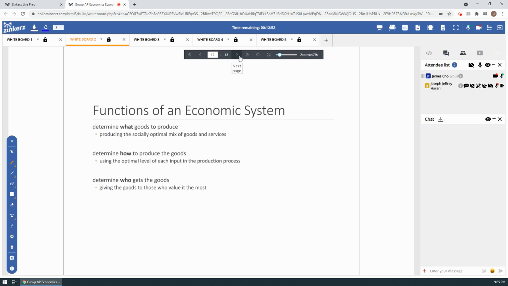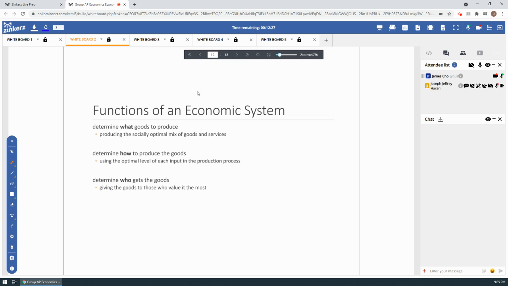So in the next class, instead of talking about one country that produces two products, we're going to talk about two countries that produce the same two products. And then from there, we're going to be able to see how these countries are able to help each other by specializing and trading products. We'll get there.